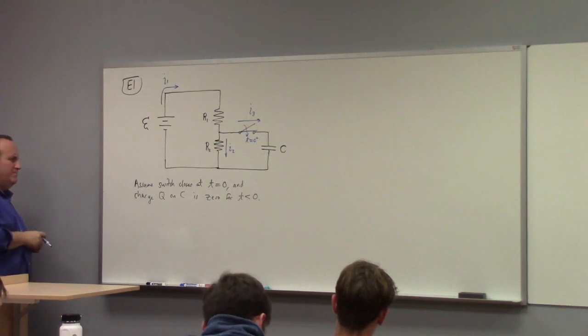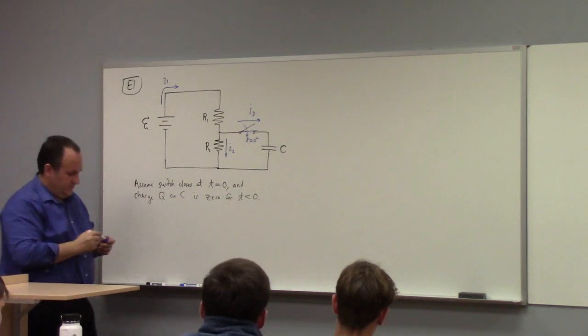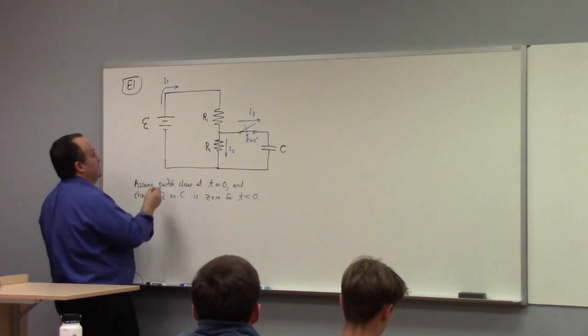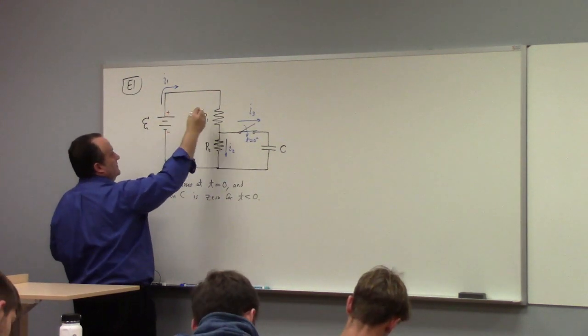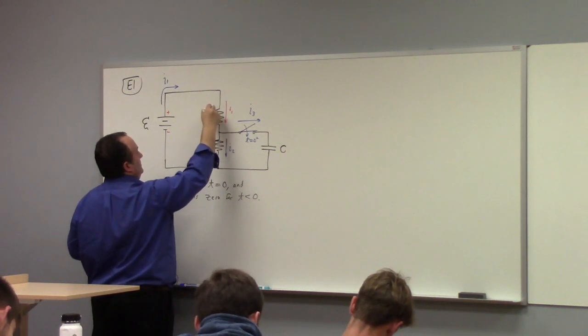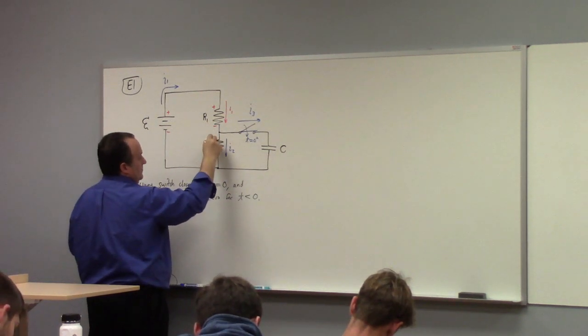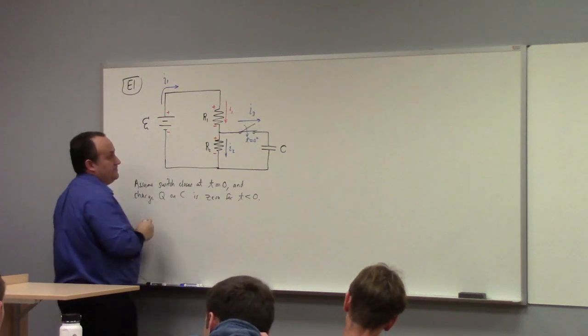Then I have Kirchhoff's voltage law. Let me put my plus minuses in. So I got minus, plus, current 1 goes here, right? So I go plus to minus, like so. Plus minus for current 2 here, right?